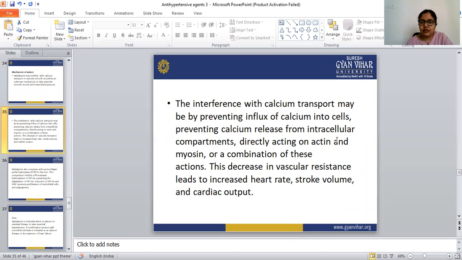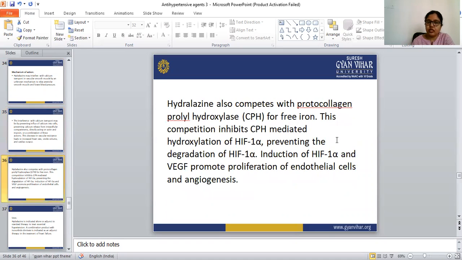And this decrease in the vascular resistance leads to increased heart rate, stroke volume, and cardiac output.